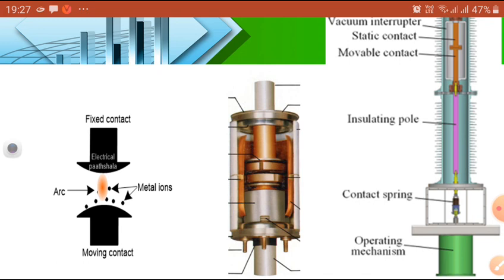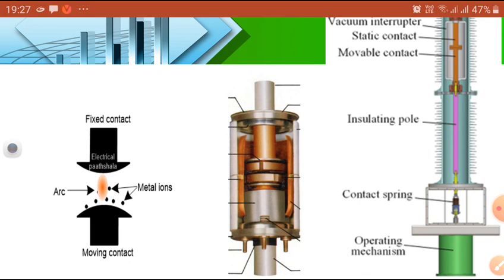It will be nullified when it reaches the zero crossing in the cycle. When the arcing current reaches its first zero in the cycle, the dielectric strength of the vacuum rapidly builds up and interrupts the current at the first zero.